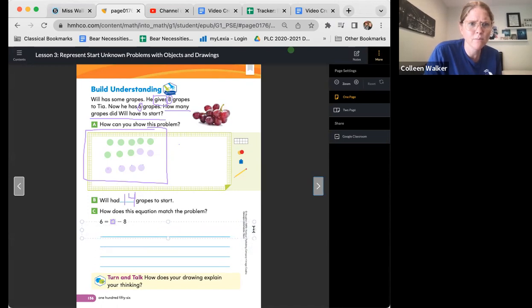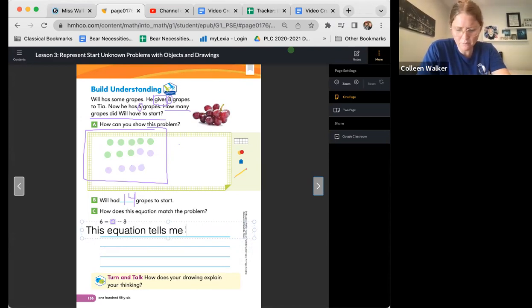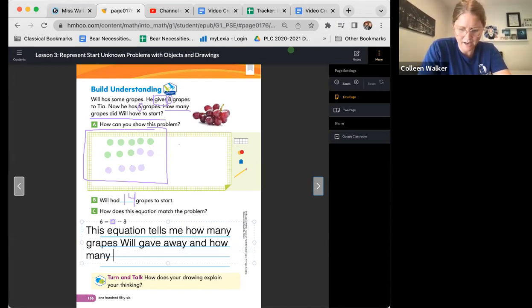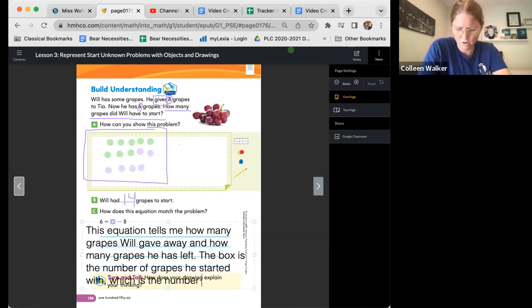This equation tells me how many grapes Will gave away and how many grapes he has left. The box is the number of grapes he started with, which is the number I want to find.